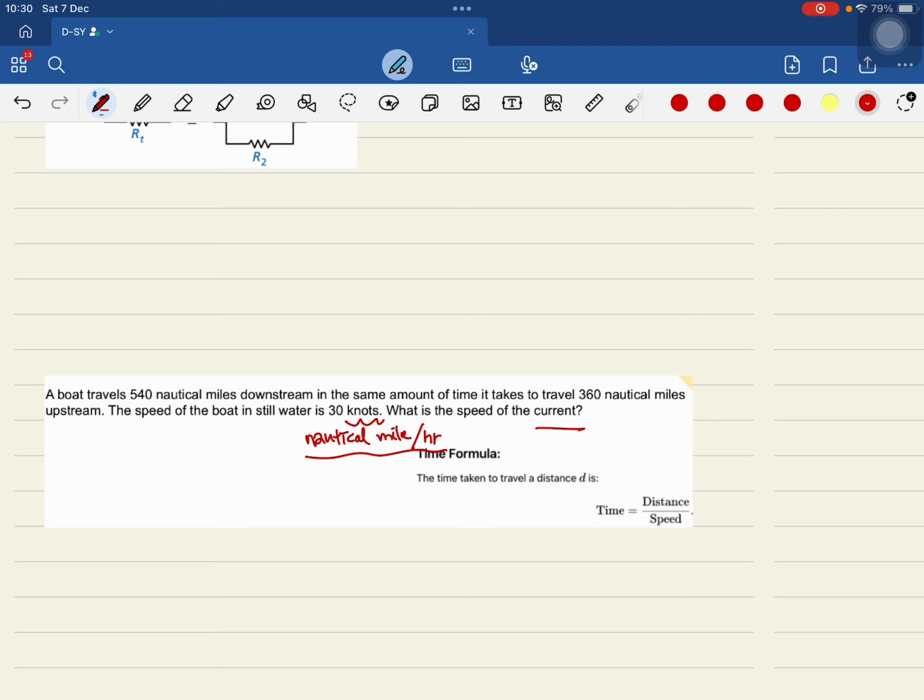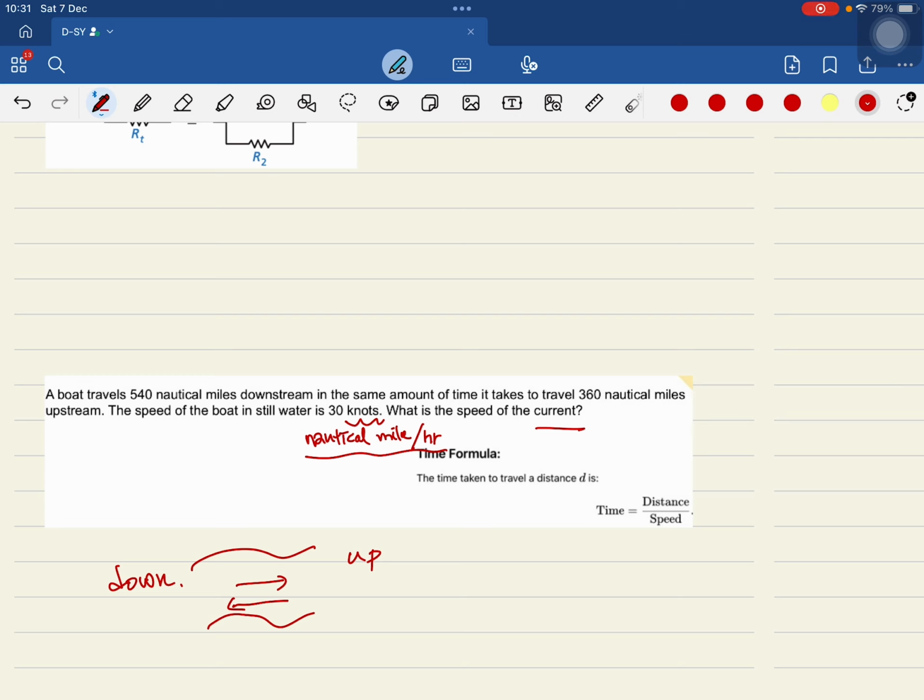So the current again. The water is like this, so this one and this one. The boat goes this way, and let's call here up and down. Water flows from up to down, and the boat has its own speed in still water, which is 30.